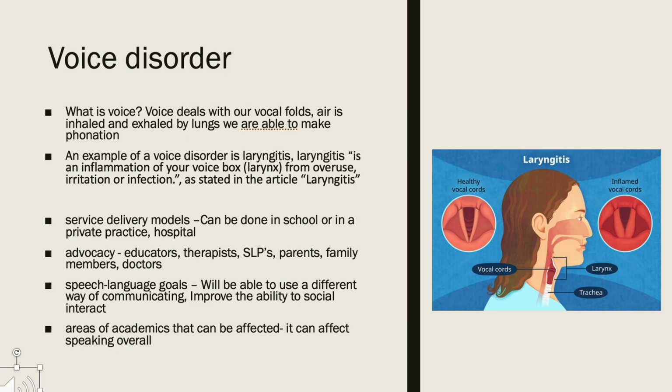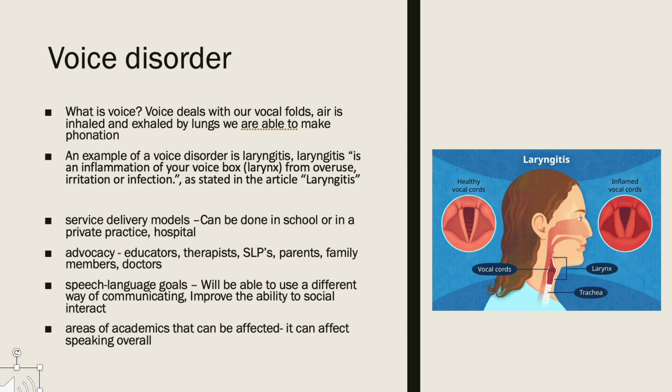Voice disorder. What is voice? Voice deals with our vocal cords. Air is inhaled and exhaled by our lungs, so we are able to make phonation. An example of a voice disorder is laryngitis. Laryngitis is an inflammation of your voice box, also known as the larynx, from overuse, irritation, or infection. This was stated in the article Laryngitis.